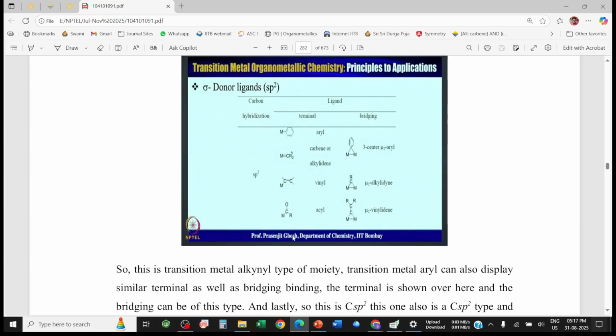When it is alkene, that means ene at the end, so carbon has a double bond. But when the carbon atom is attached with a triple bond, it's called alkylidyne. So here you can see a very good example.